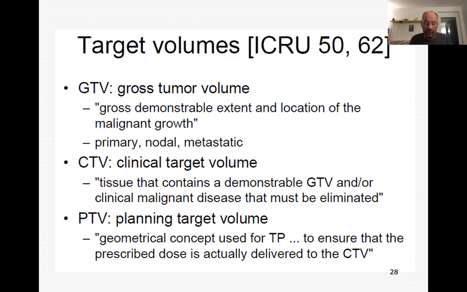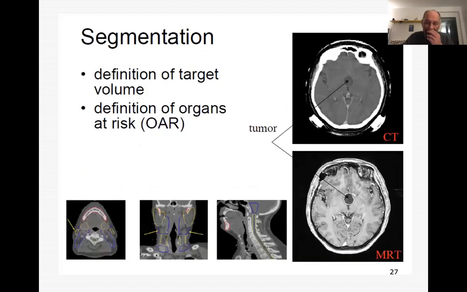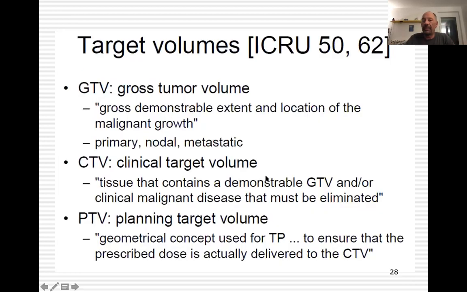So the CTV is the GTV plus a margin. And the margin is due to the fact that even when you see this nice tumor here, you assume that there is some small disease outside of it. You cannot see it in the imaging, but you will see it, for example, in histology.